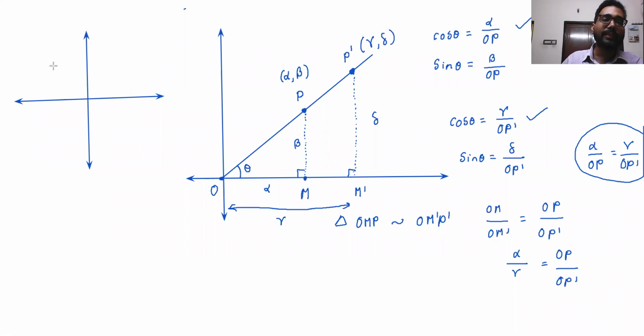So to make things easier, we try to take point P on a unit circle, right? That will make our job very easy because of the denominator being 1, so that will make our life simpler.